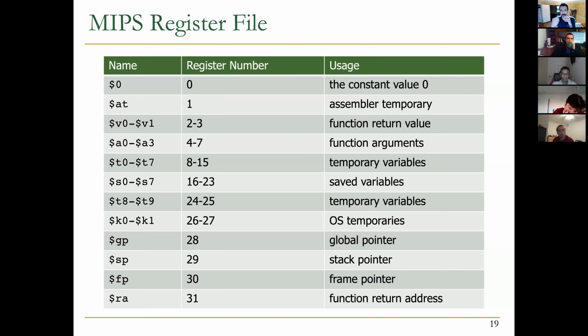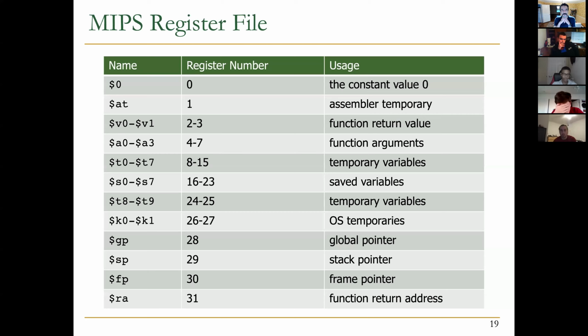You cannot load a number inside this register. It's only used for representing 0, a very special purpose. The other ones have general purpose usage, so you can use them for different purposes. By convention, you use, for example, $at for assembler temporary values.